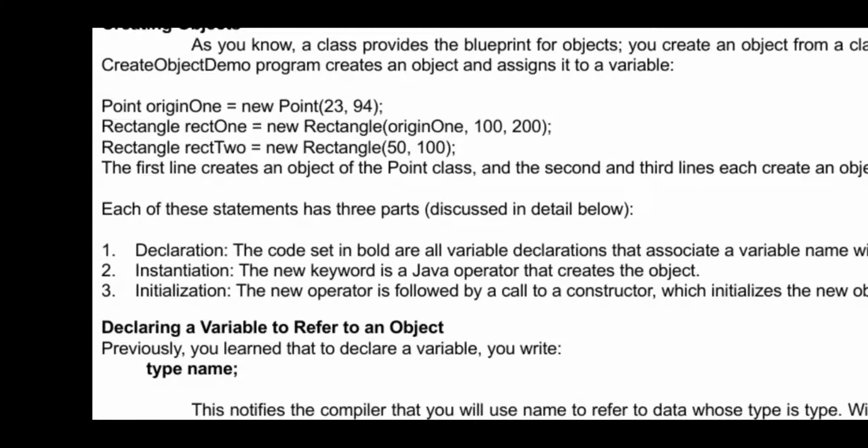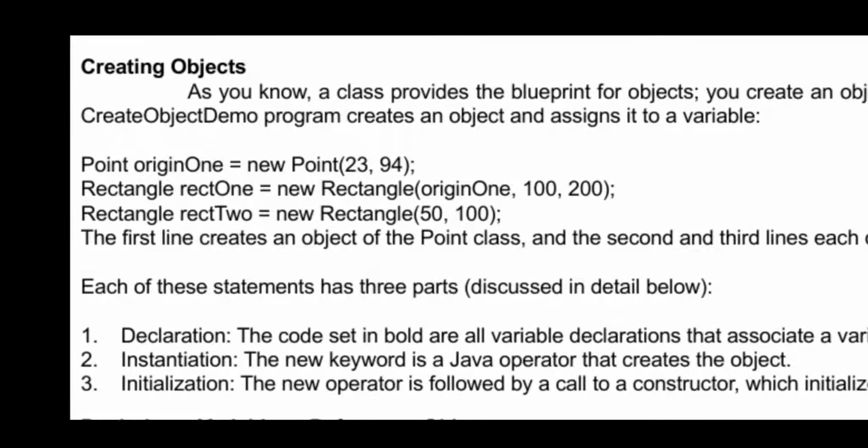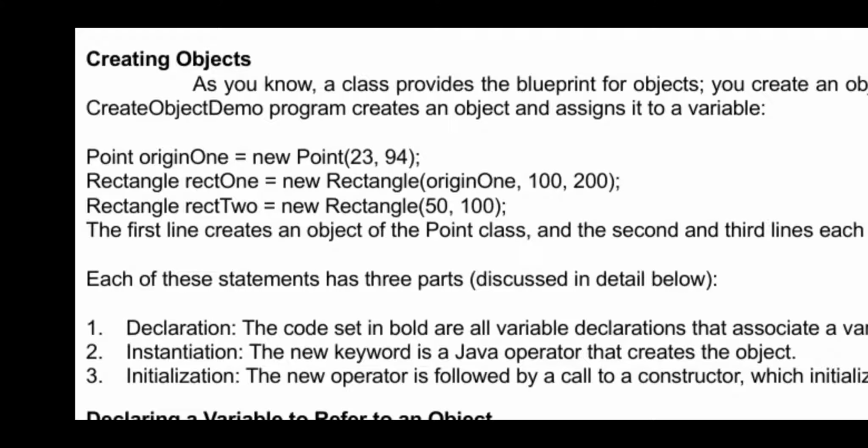Now think of the class name you have defined, point. Point is a class and origin one is an object name which is associated with some values. So whatever information you have declared within point can be accessed through origin one.